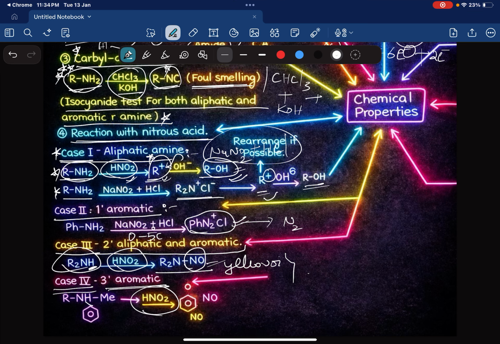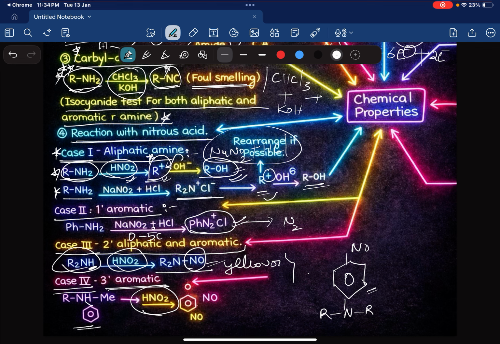In case of aliphatic tertiary amine, this is aromatic tertiary amine. What happens here? This is the product.